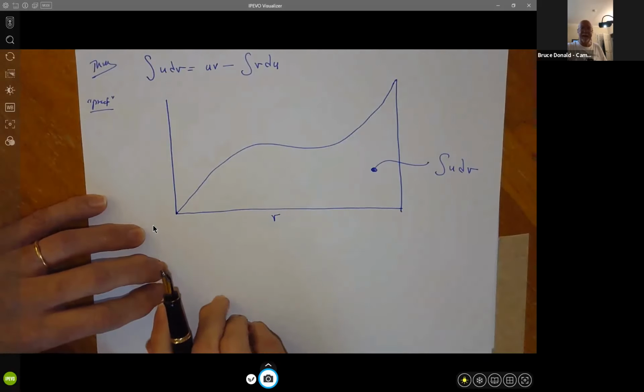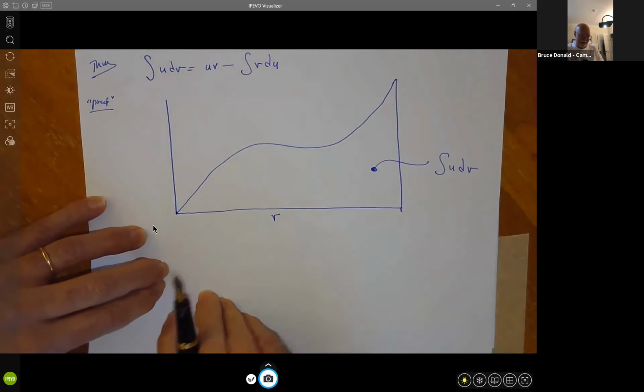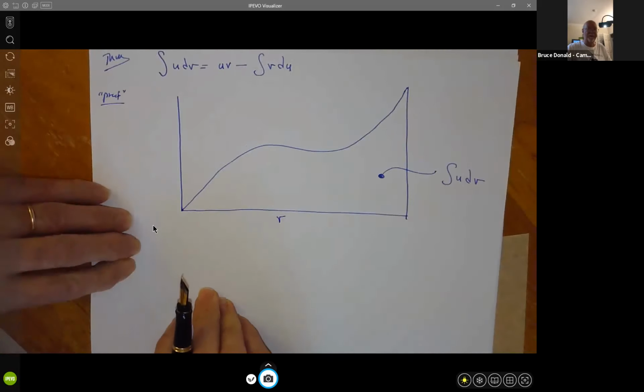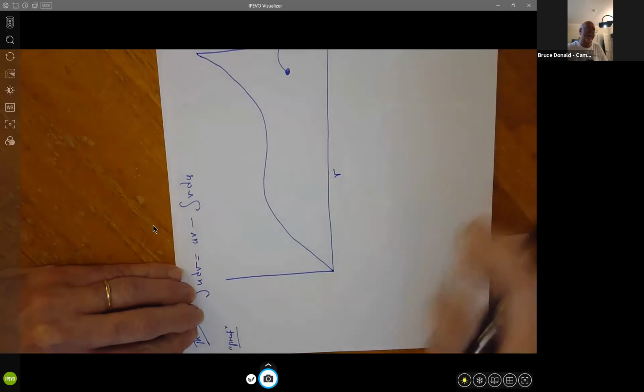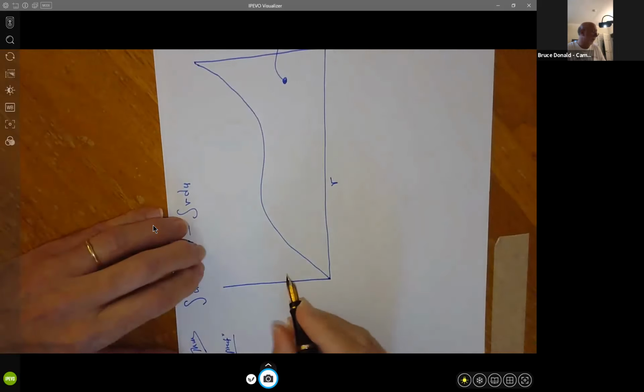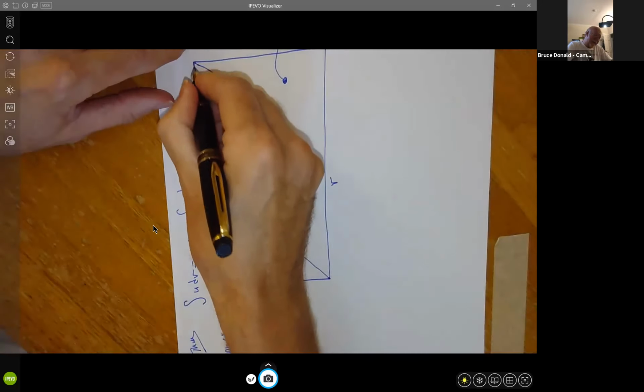Now I'm going to do something I could never do with the blackboard. We'll see if it works. In the history of this class, this has never been done before, so it might not work. I'm going to rotate the paper like this. So now over here, I have u, like this. And I'm going to complete the box like this.